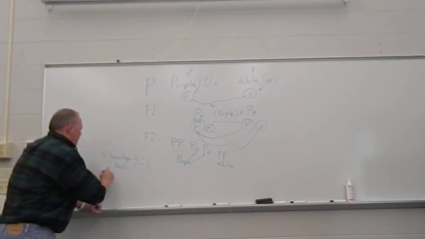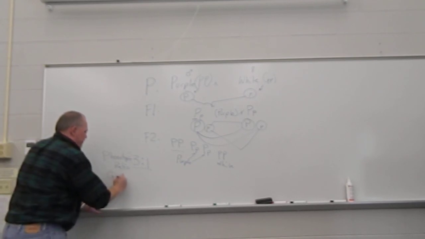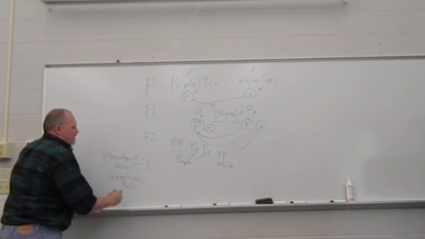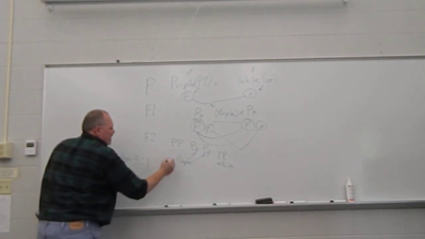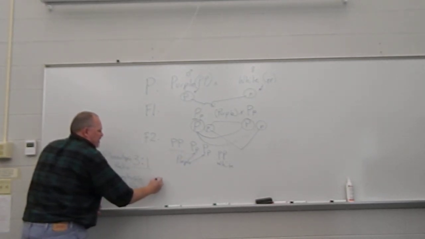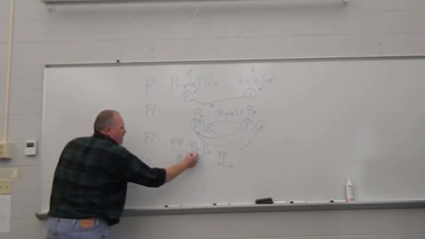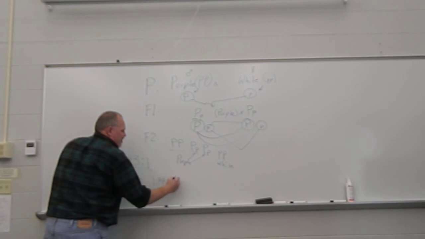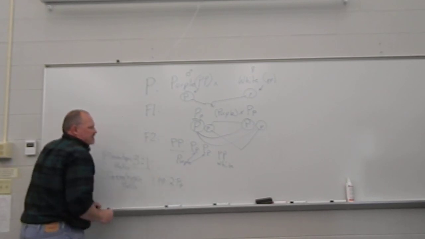The genotypic ratio, all right, has 1 that's homozygous dominant. We have 2 that are heterozygous.